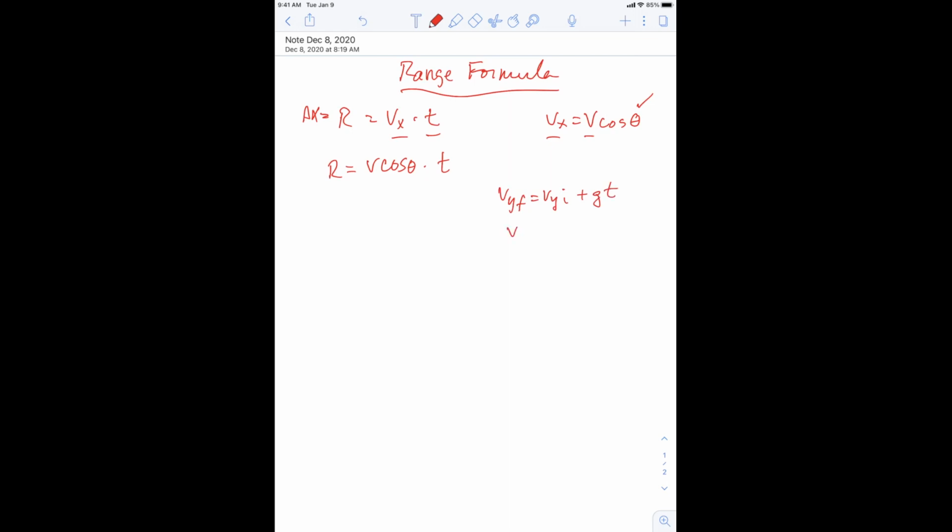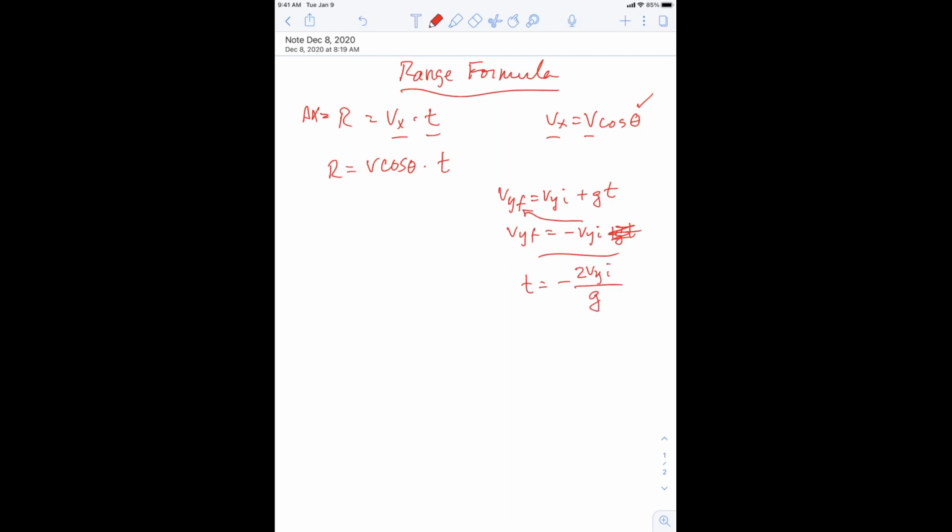We also know by symmetry, vy final has to equal the same magnitude but opposite direction of vy initial. So we can take this equation and solve for t. So t is going to equal minus 2 vy initial divided by g.